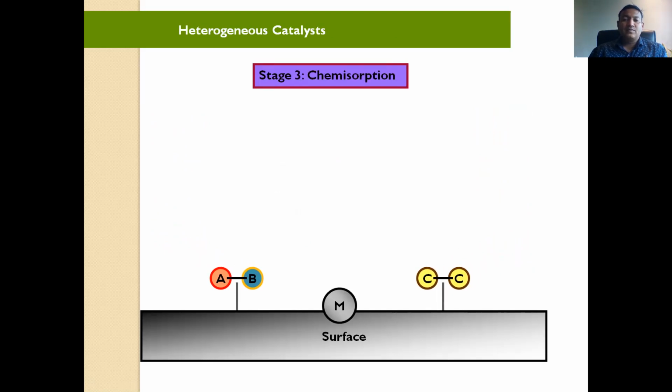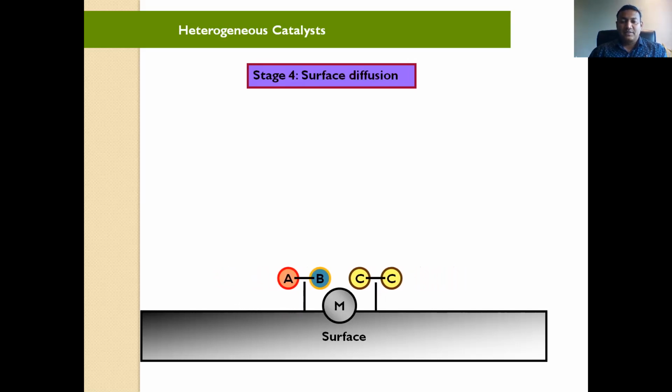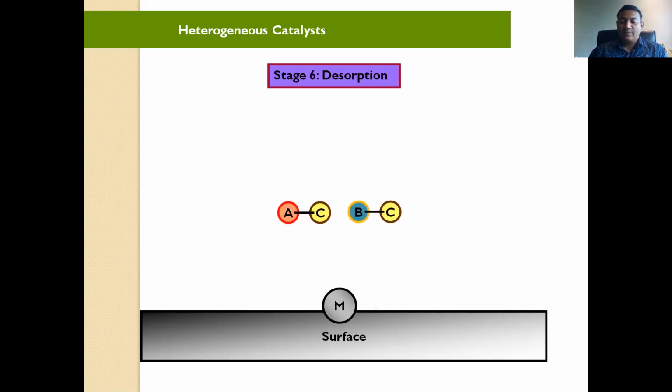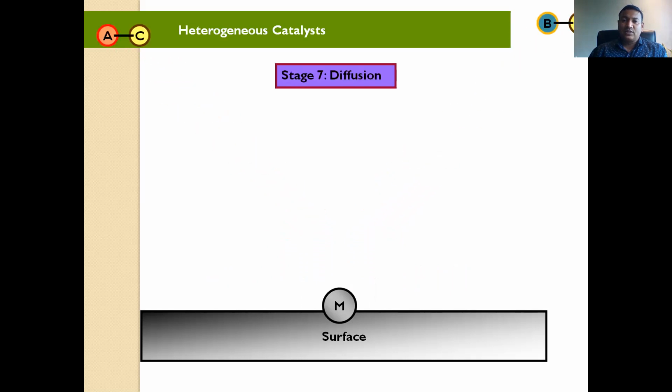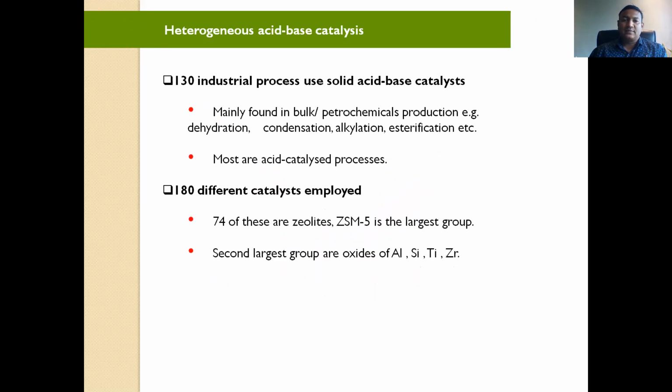Then there will be a chemical absorption bond with the metal, then surface diffusion, then the reaction, then desorption. They will go away from this catalyst, and then the diffusion. Right. So we have already discussed that.